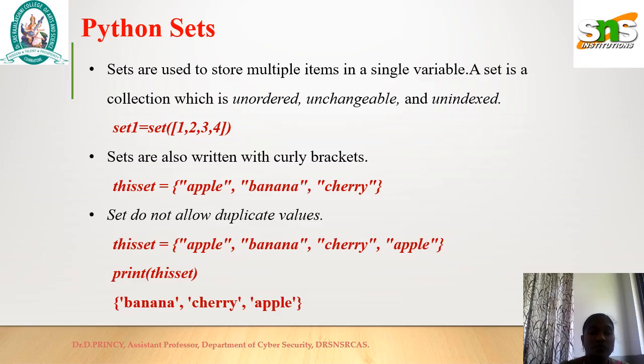See, set is a keyword, round bracket, square bracket 1, 2, 3, 4. Sets are also written with curly brackets. A set does not allow duplicate values. So how do we differentiate dictionary and set? A dictionary has a key value pair, but when you enclose a set with curly braces, we can directly assign the elements.